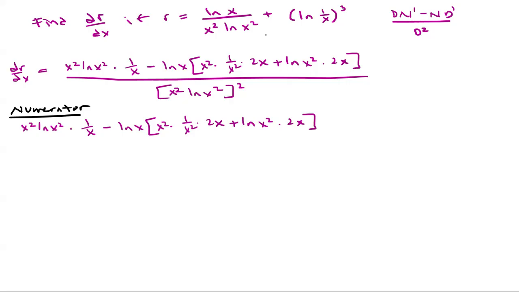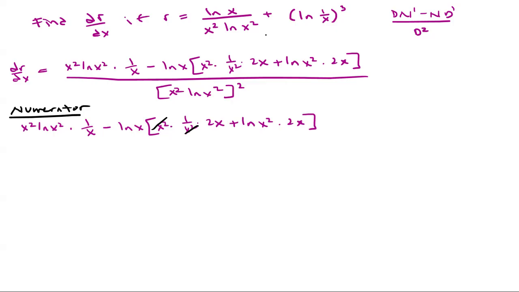Okay, so now we want to tackle the first part here. I'm going to break this down into other parts. I'm going to work on the numerator and then we'll work on the denominator. So for the numerator, notice that I can get rid of the x squares here.